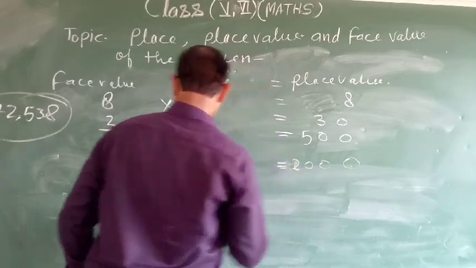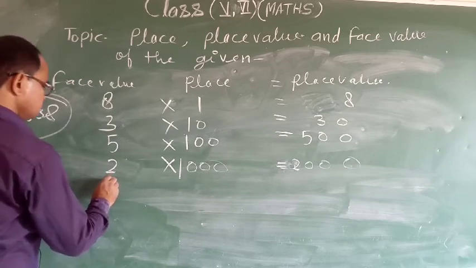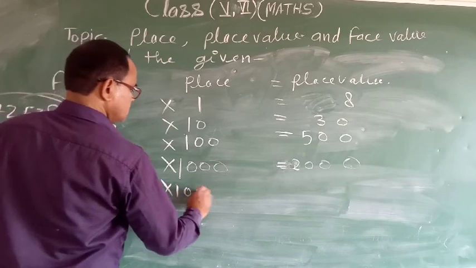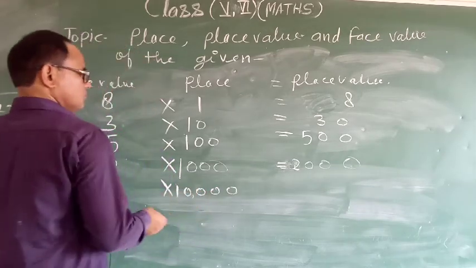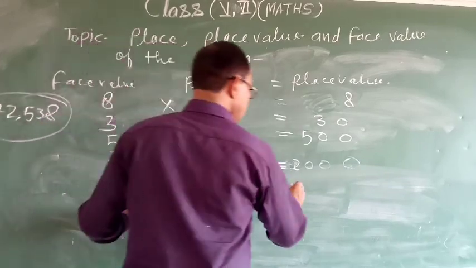Okay, after this 7. On which place? Ones, tens, 100, 1000, 10,000 place. 7 multiplied by 10,000 place. Okay, students. Then we get here.